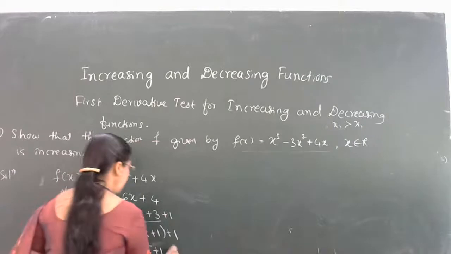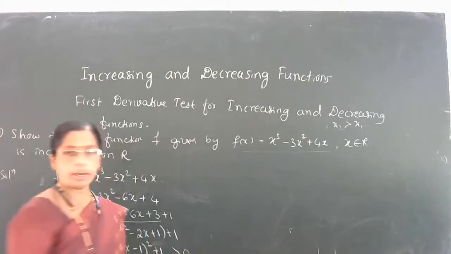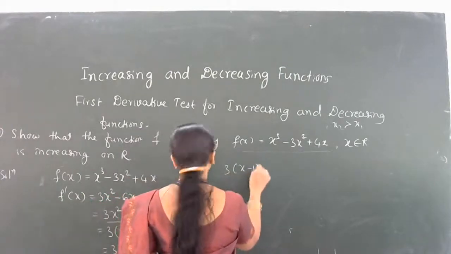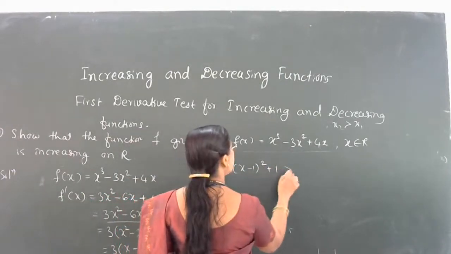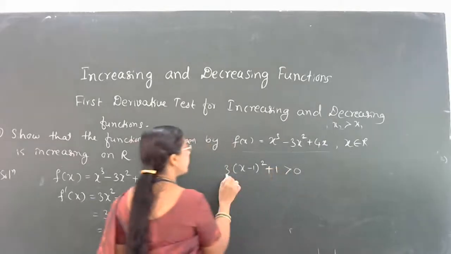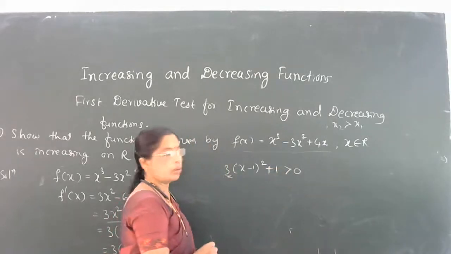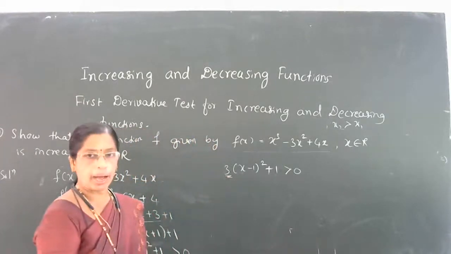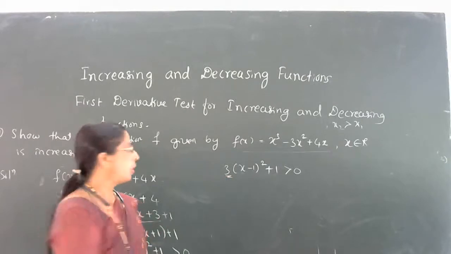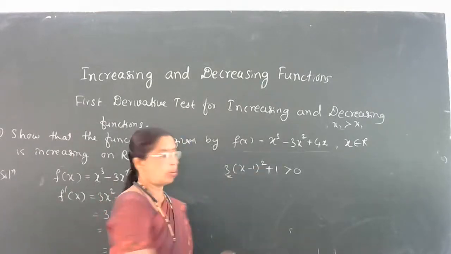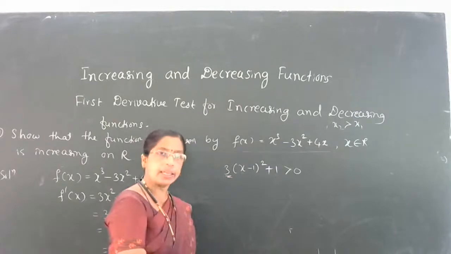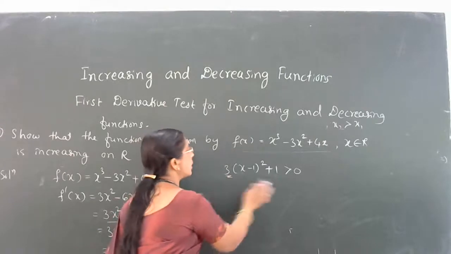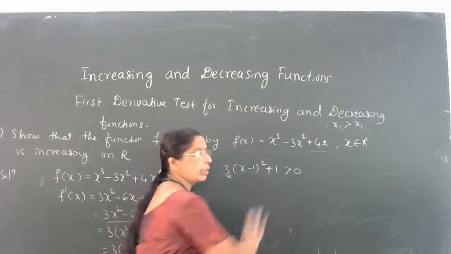Here we can understand this is positive, because 3 into x minus 1 whole square plus 1 is greater than 0. Because here 3 is positive. If x is any value of R, if it is positive, the square is positive. If it is negative, then also the square is positive. Therefore, the LHS is positive, which is greater than 0.